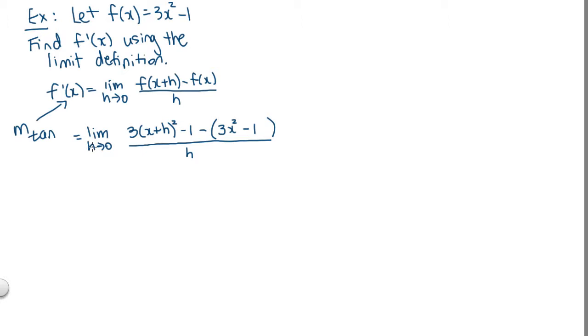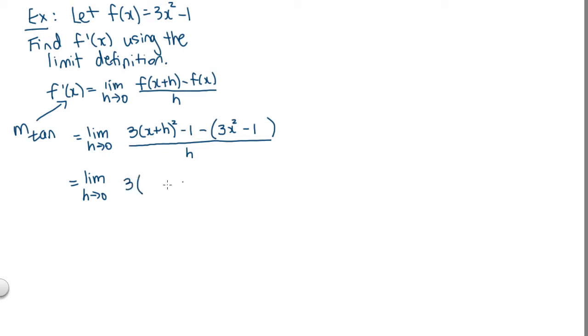Now, if we were to try plugging in h equals 0 here, what we'd find is that we'd have 0 on top, 0 in the denominator, so we'd have 0 over 0, and that gives us a clue that we need to keep going, we need to keep doing some algebra here to make sense of this expression. So for our next step, again, we'll copy down our limit sign, and we're going to try to expand out this numerator.